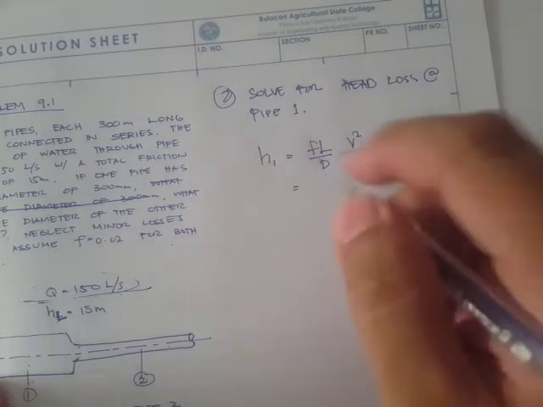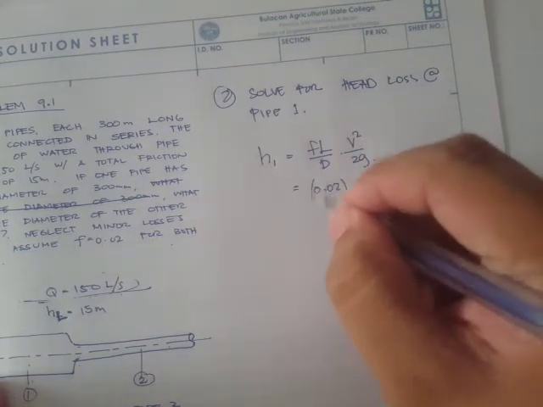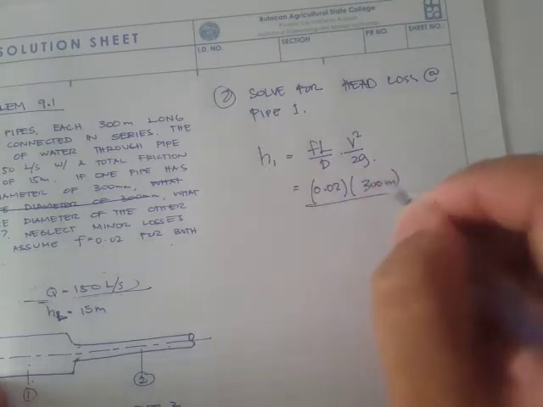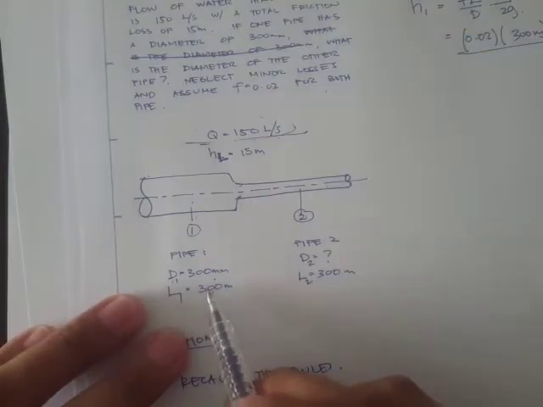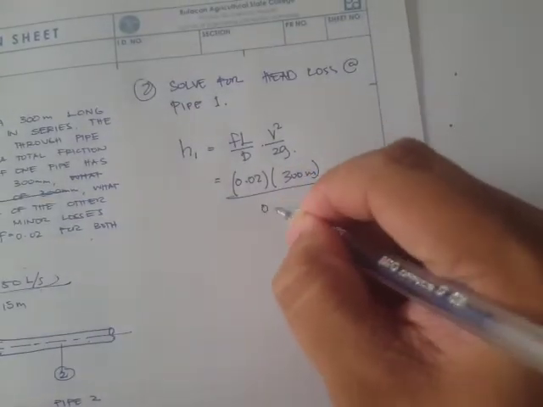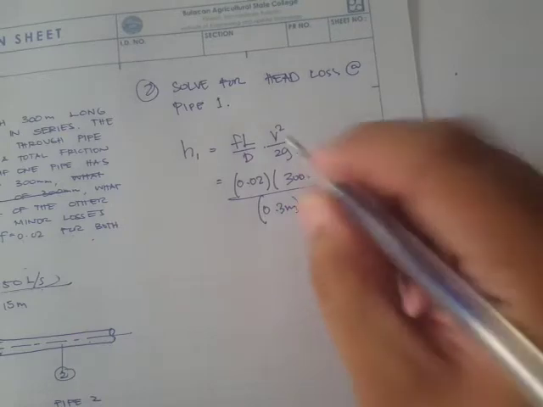Okay, what is our F? That's 0.02. Our L is 300 meters, and our diameter should be expressed in meters, so that's 0.3 meters, times V squared.